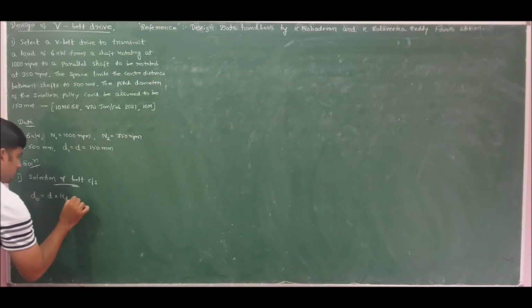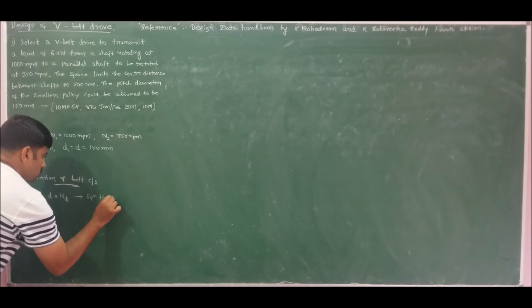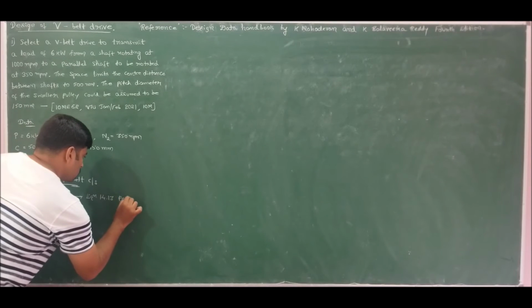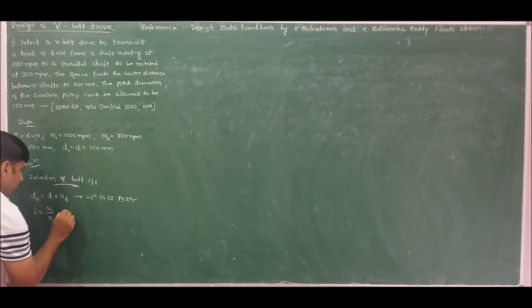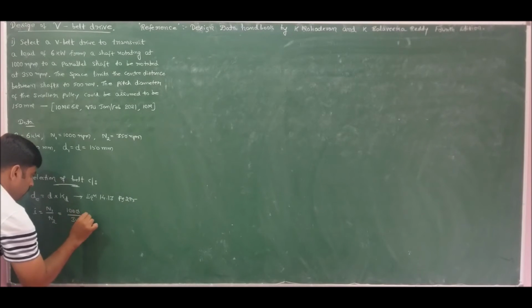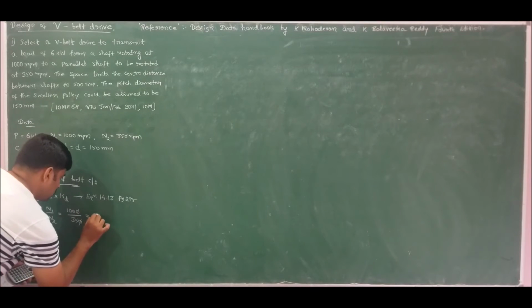This is given in equation 14.13 on page number 295. To calculate Kd, I should know the speed ratio i, which is N1 by N2, which is 1000 by 350, turning out to be 2.857.